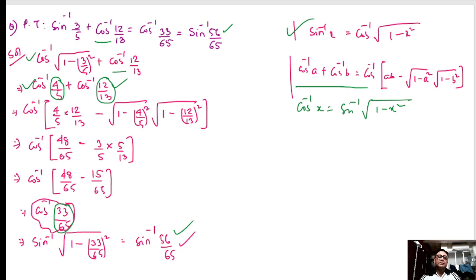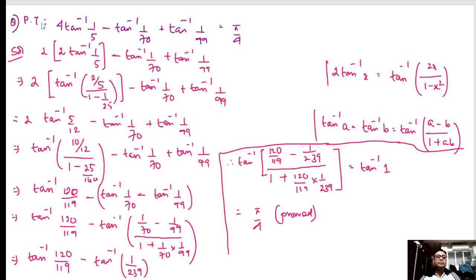Let's move on to the next sum. 4 tan inverse 1 by 5 minus tan inverse 1 by 70 is this. We have to prove this formula. Okay, so see, 2 tan inverse x is tan inverse 2x by 1 minus x square.